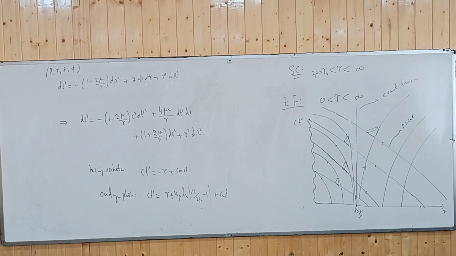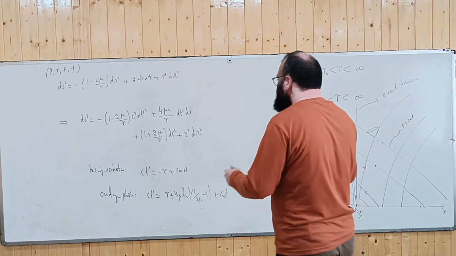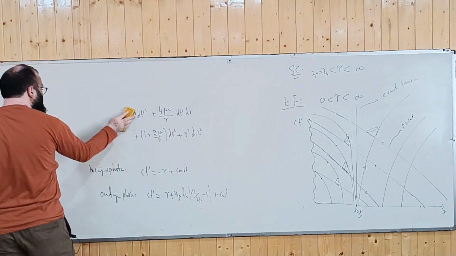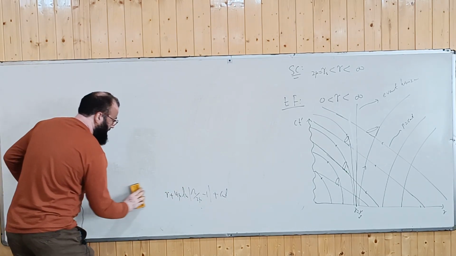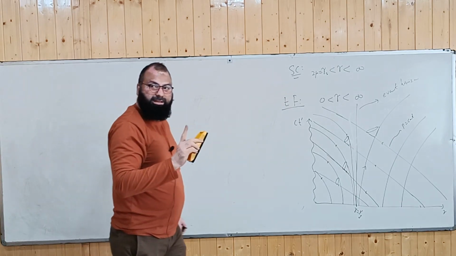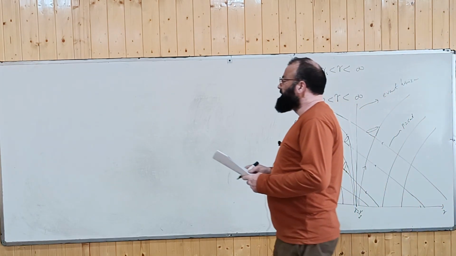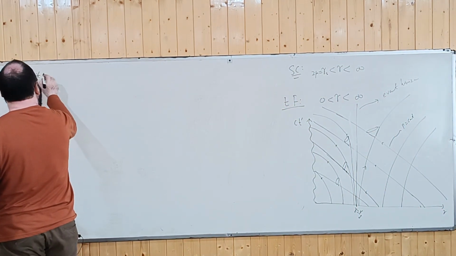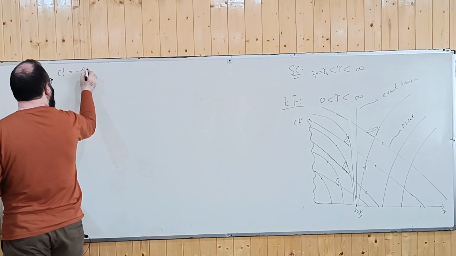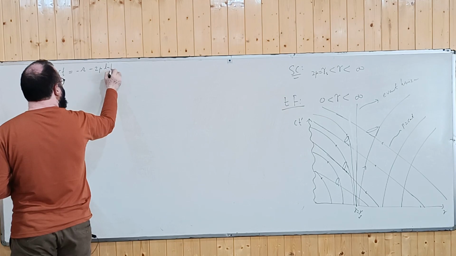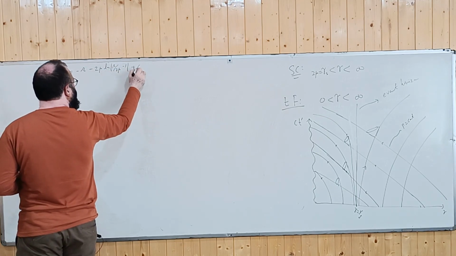It is a simple thing. You have to do the same. Remember that in the Schwarzschild coordinates there were two radially moving null geodesics. You remember that formula? In Schwarzschild we had ct equal to minus r minus 2mu natural log of (r/2mu minus 1) plus constant.